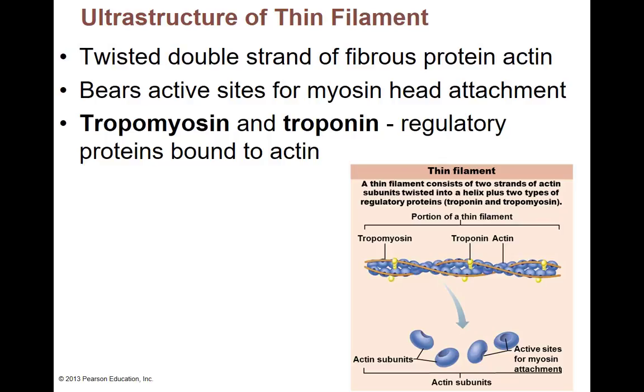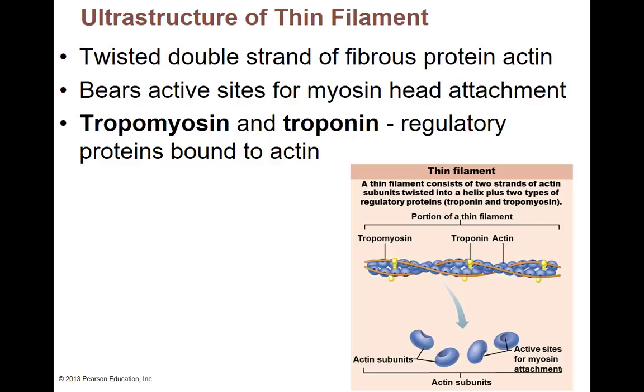However, are they exposed? Can you see all of the active sites? No, they're covered. There are two other proteins on your actin: tropomyosin and troponin, they both kind of sound alike. Tropomyosin, the bigger word, covers all of the active sites when the muscle is at rest.